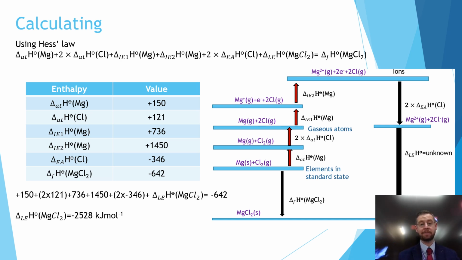Here are the numbers. These will be given to you. You might even be provided with a diagram, but it's worthwhile being able to reproduce this diagram from memory so that you could understand how a different situation might vary from the one shown. So what you can see, if we put all of these numbers in, we end up here with a lattice enthalpy of minus 2,528 kilojoules per mole.